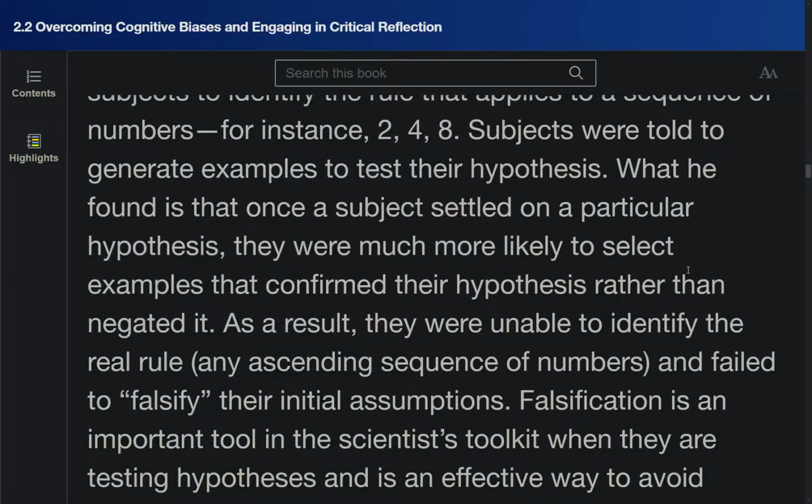What could possibly negate the next number being 16? 2, 4, 8, 16. What other sequence could there be? Oh, couldn't it be powers of 2?